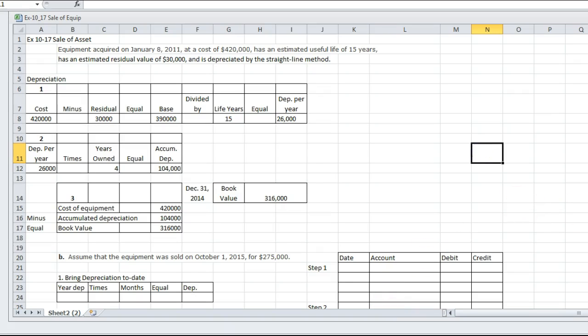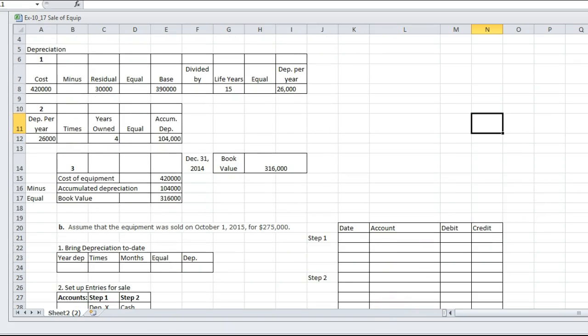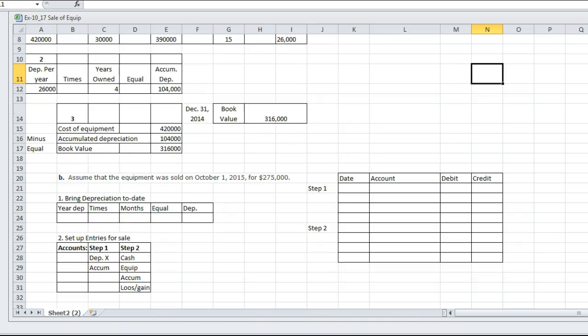Now, they are going to sell that equipment on October 1st, 2015. Now, this brings up a couple of things. First of all, we need to bring the depreciation up to date because we've got 9 months of depreciation that is not recorded yet.